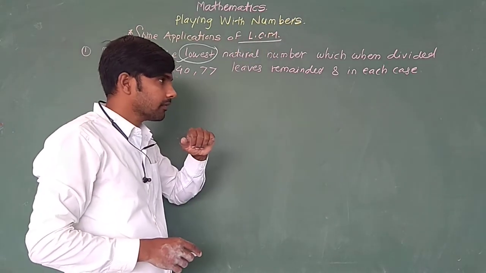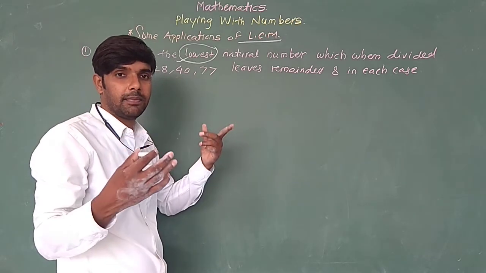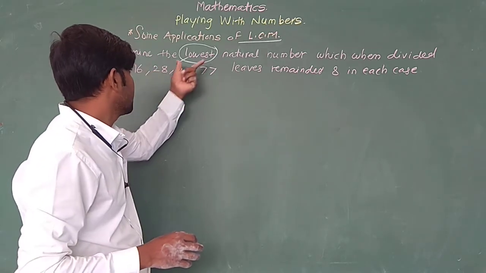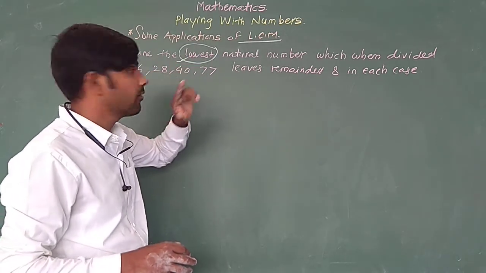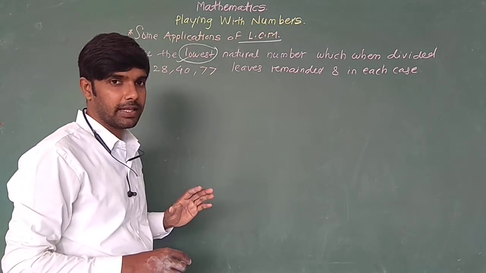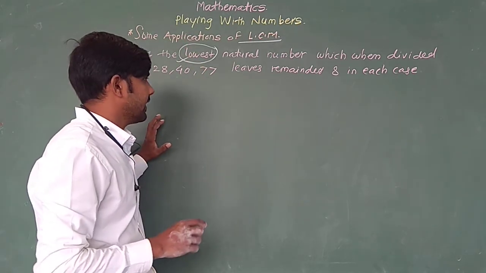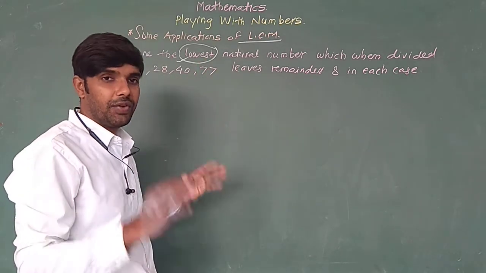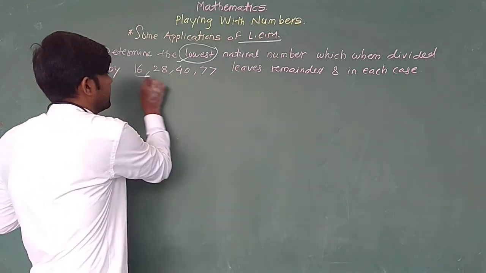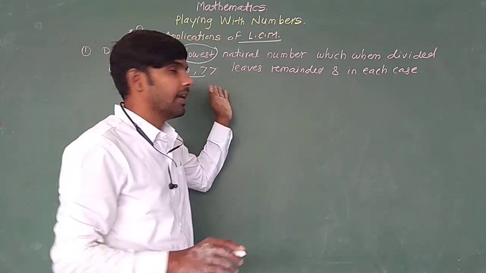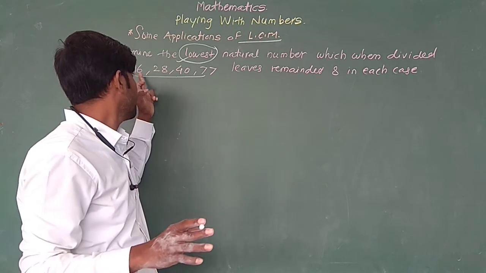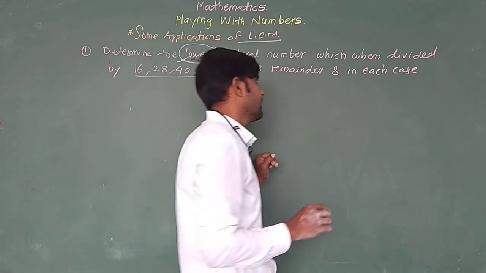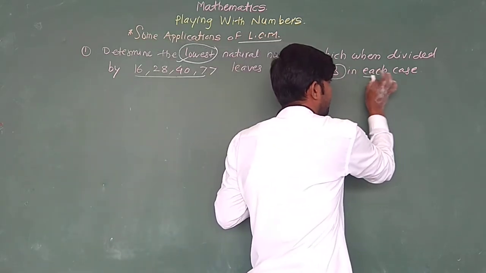Like highest or greater in HCF, here lowest or the smallest are the words used to find out the LCM, and this is the application of LCM. So in this example we have to find out the lowest natural number which will be divided by the given four numbers, and each time, when we divide this number separately by 16, 28, 40 and 77, it leaves remainder 8.